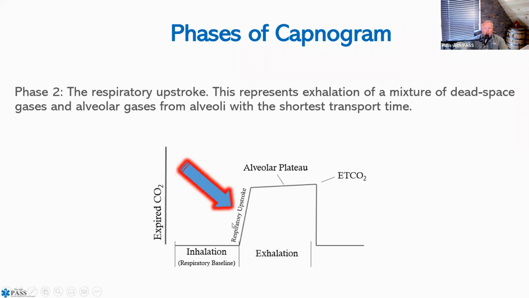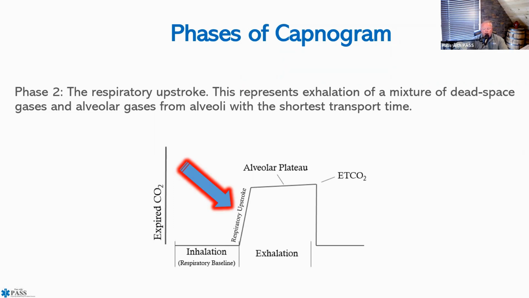So when we start to measure that, because that was a dead space gas mixed with some things from the alveoli, our numbers are not going to be that 35 to 45. They're going to be much lower than that. So that respiratory upstroke is now measuring that 5, 10, 15, 20 as that person is exhaling.